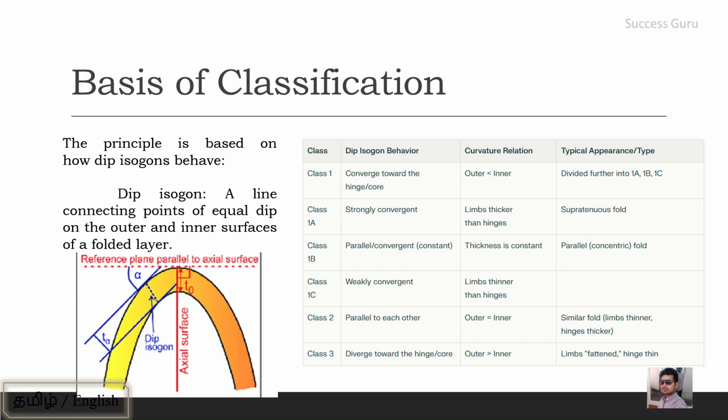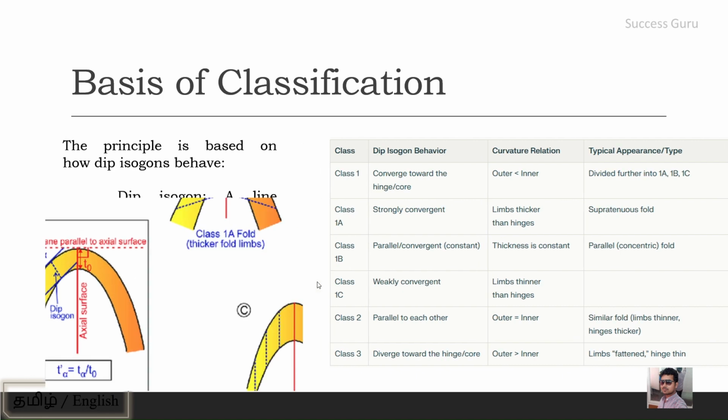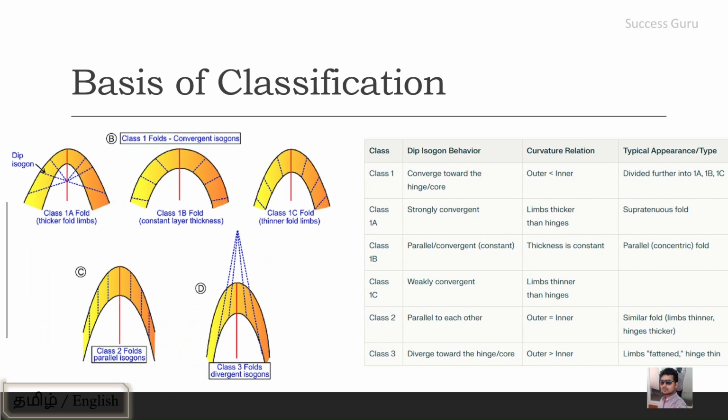By using this as well as the layer thickness, he classifies folds into class 1, class 2 and class 3. So these are three broad categories. In class 1 there are three subclasses, that is class 1A, class 1B and class 1C. So what is class 1? The dip isogon for class 1, you can see here, is converging towards the core of the fold. So you can see this is a dip isogon, which means all along this line the dip amount will be the same.